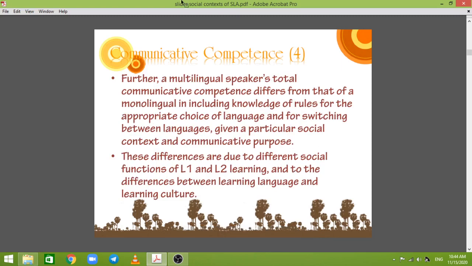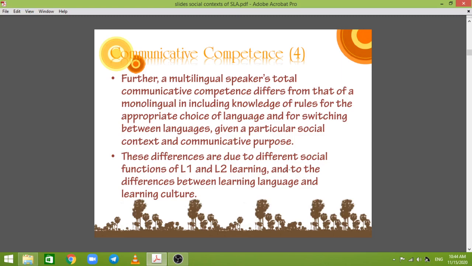In addition to this, a multilingual speaker's total communicative competence can be different from that of a monolingual, including knowledge of rules for the appropriate choice of language and for switching between languages, given a particular social context and communicative purpose.